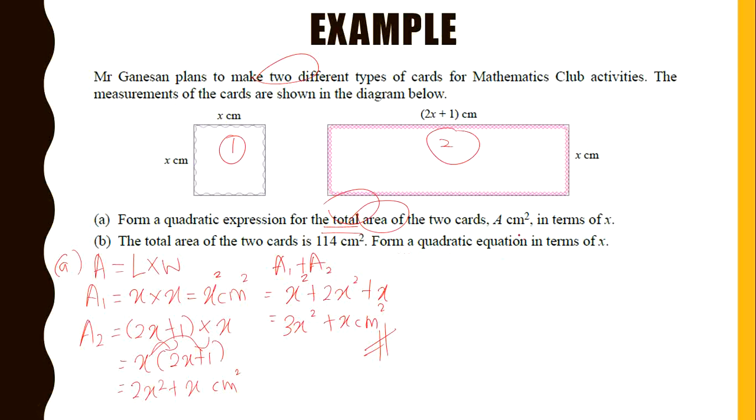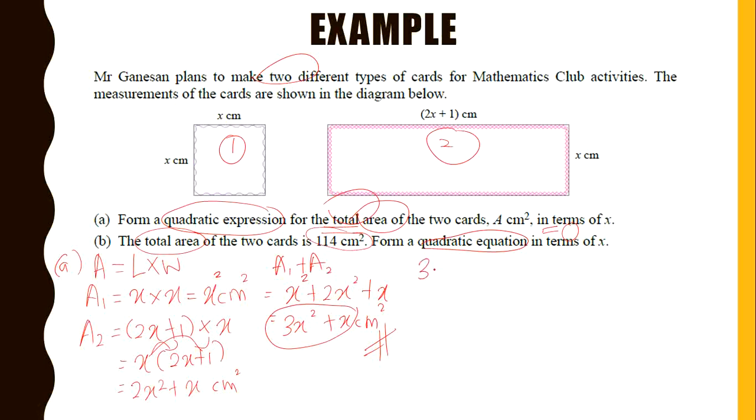Form a quadratic equation in terms of x. Okay, so the first one we did was a quadratic expression. So this is our quadratic expression. For question B, it wants a quadratic equation. If we remember what we did earlier, for a quadratic equation we must equal 0. So how do we do it? It talks about total area. This is the total area that we calculated. This is 114 centimeter square, the total area that it gave.